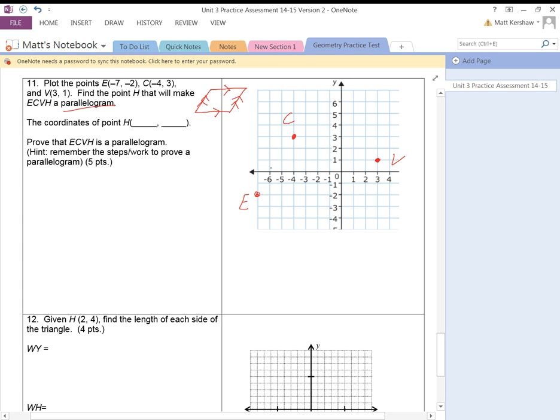I know it's going to look something like this. So that means our point is probably going to be somewhere down here, somewhere in this area.